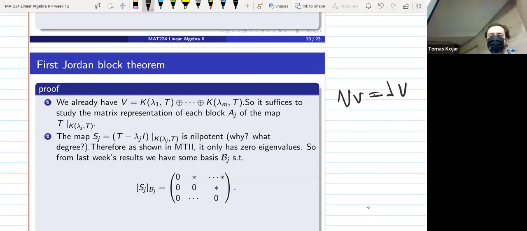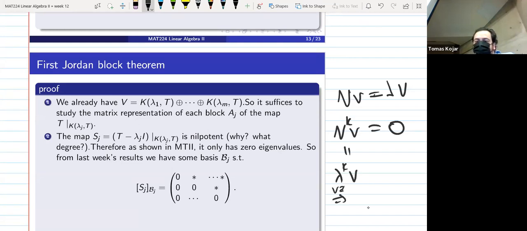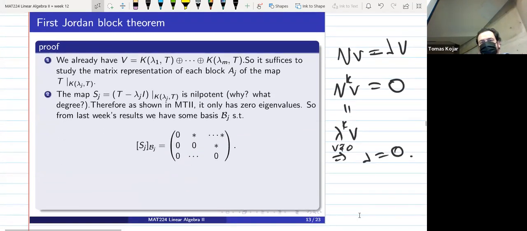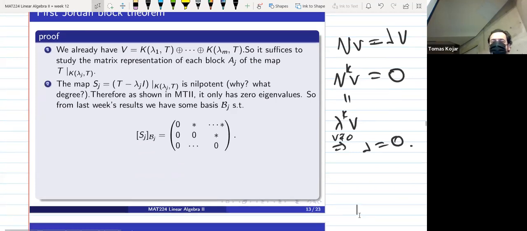Okay, then let me do it. Take the degree of nilpotency, it's 0. On the other hand, this is lambda^k v. But v is a non-zero eigenvector. So lambda is 0. That's why it was the easiest question. So all the eigenvalues are 0.